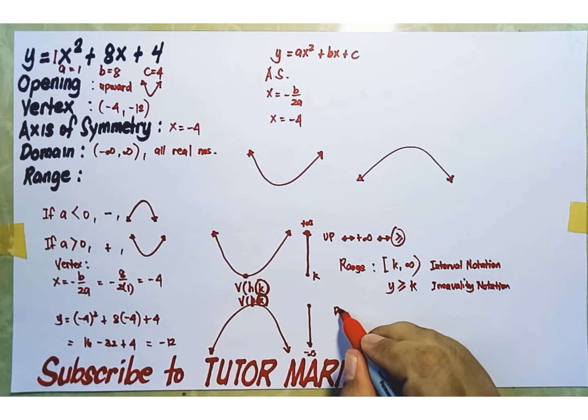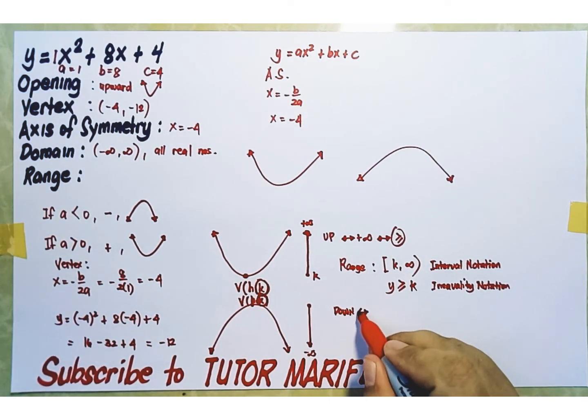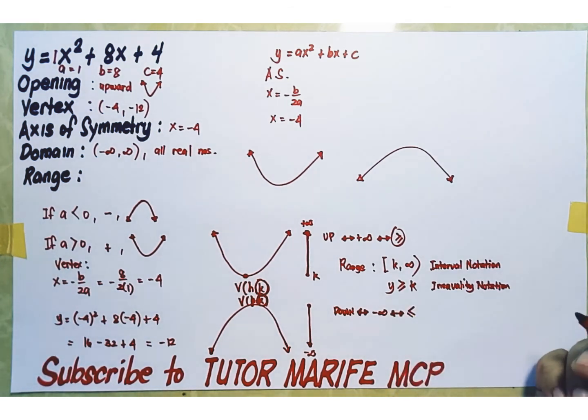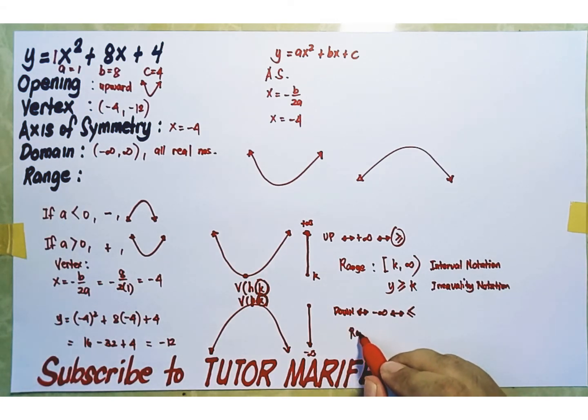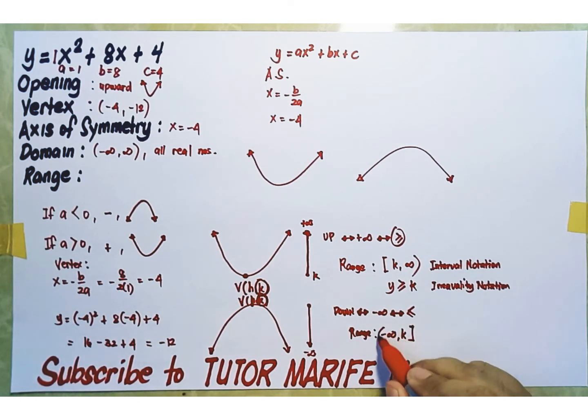And remember, downward is always associated with negative infinity and with the inequality symbol less than or equal to. So the range of any parabola that opens downward is from negative infinity to k. This is in interval notation.